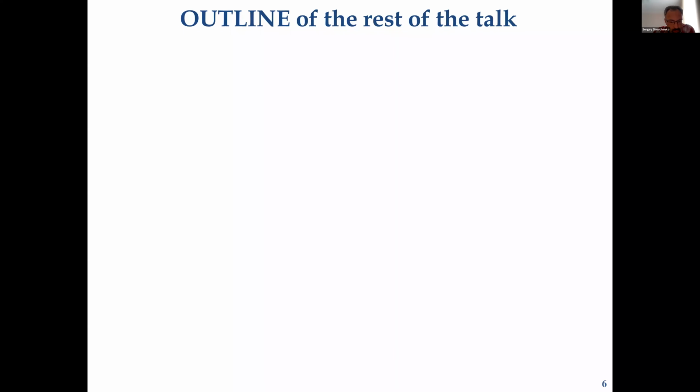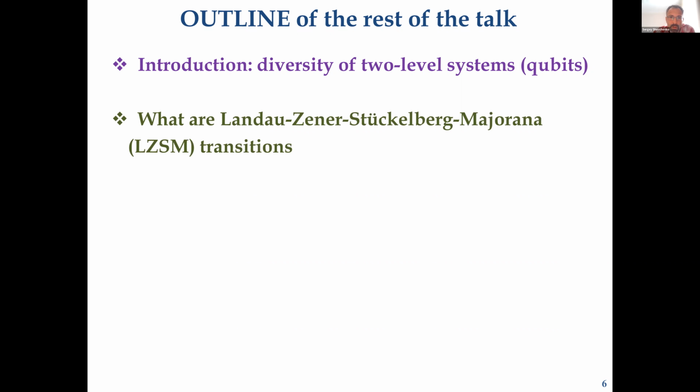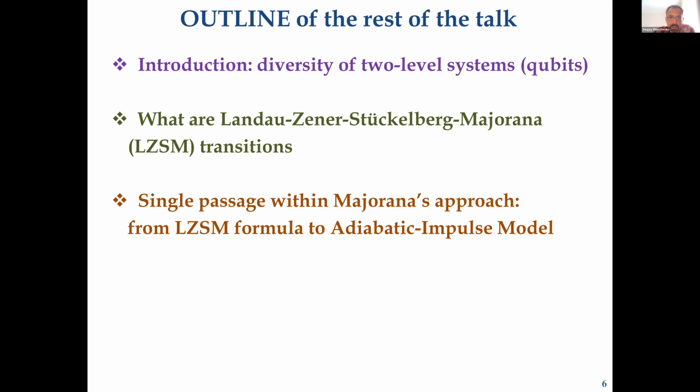And now, going back to the main part of my talk, the educational part will be to tell you about the diversity of two-level systems. Then, what are these transitions? Non-adiabatic Landau-Zener-Stückelberg-Majorana transitions.